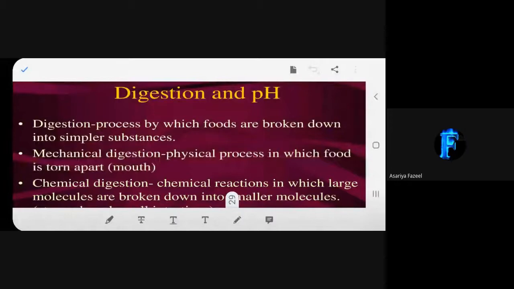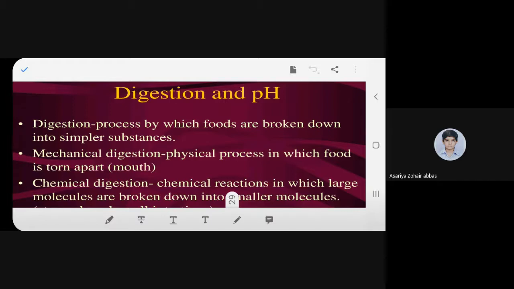Food is mixed with saliva, and when it gets mixed with saliva and you start getting the taste, that is called chemical digestion. The chemical reaction happens because the food that you are taking is also chemical, reacting with your saliva.